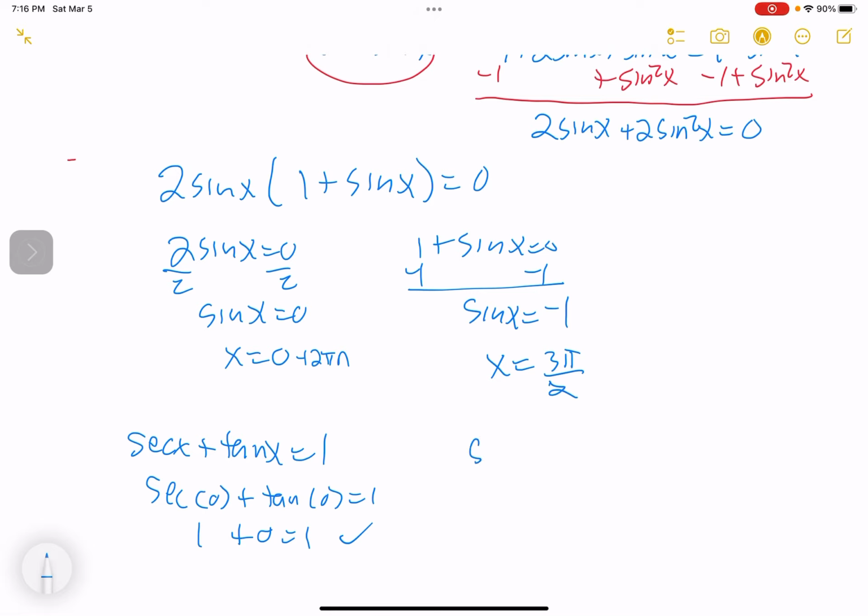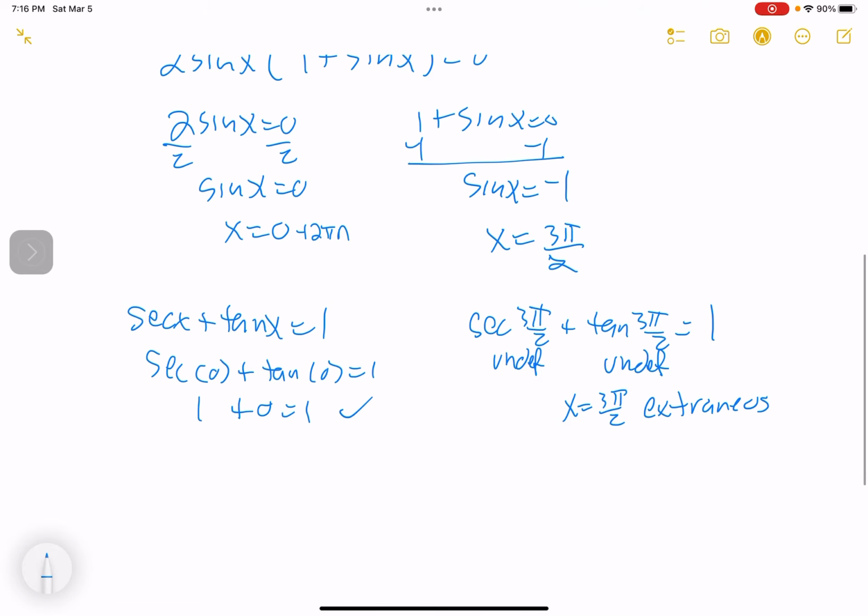On the other hand, secant of 3 pi over 2 plus tangent of 3 pi over 2, is that equal to 1? Well, secant of 3 pi over 2 is undefined. Tangent of 3 pi over 2 is undefined. So this doesn't work. So x equals 3 pi over 2 is extraneous.